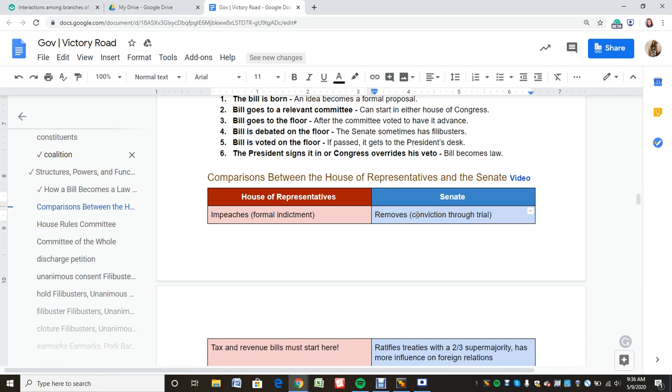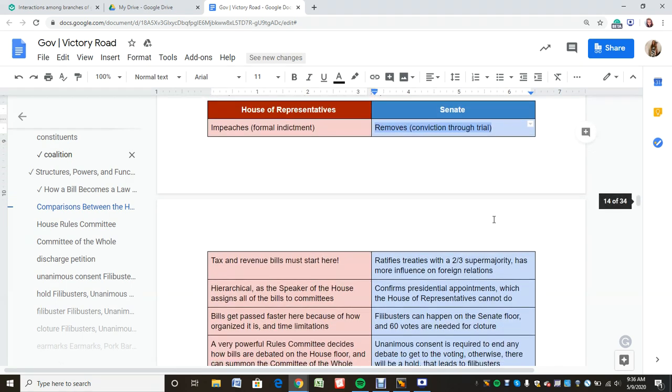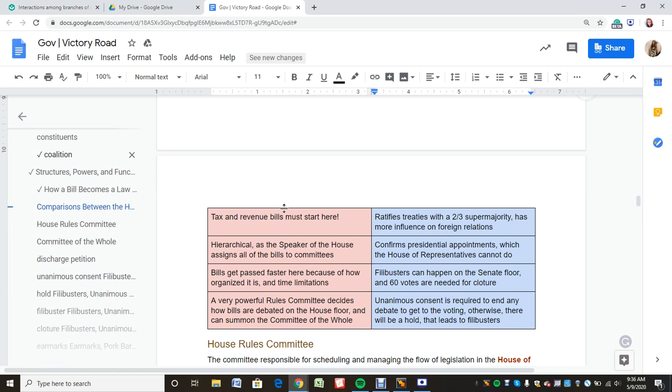None of the conviction will occur in the House of Representatives. So these two points of impeachment are very unique to both of them, and it's very important to remember that. Another thing you must remember about the House is that tax and revenue bills must start there, through the Ways and Means Committee.